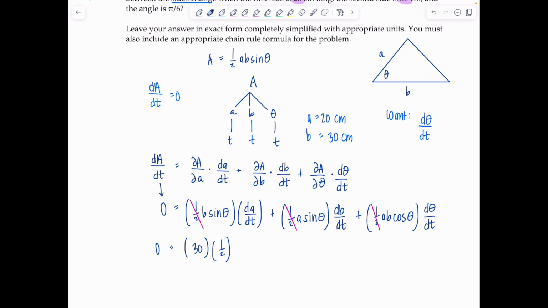And then da/dt was 3, plus a is the first side, 20, sine of pi/6 again, 1/2, db/dt was -2, plus a times b, so that's 20 times 30 times cosine theta, root 3 over 2, d theta/dt.